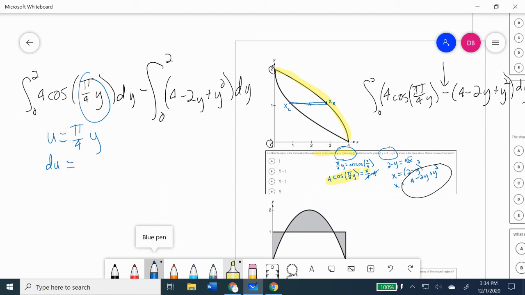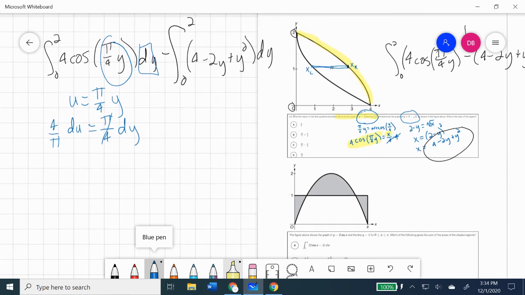The derivative du dy is pi over 4. I multiply the dy over to the right, multiply the 4 over pi to the left, and I have a replacement for my dy.